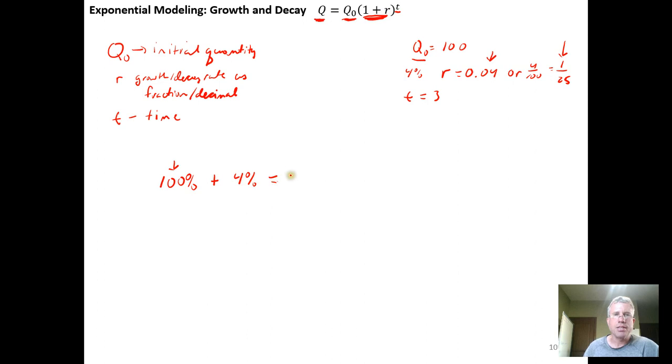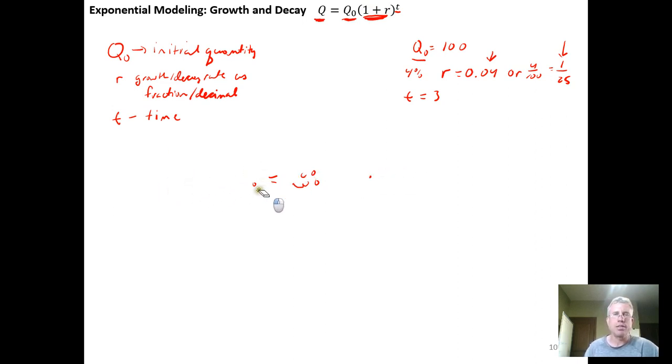And this adds up to 104%. So at the end of 1 year, you should have 104% of what you started with. And as a decimal, this is just going to be 1.04, because to convert from percent to decimal form, we just move the decimal point 2 places. So that's all this is doing, is adding 100%, the amount that you have to begin with, plus your growth rate. So the 1 in that equation is just representing 100%.